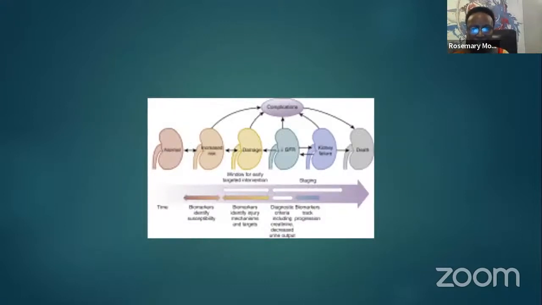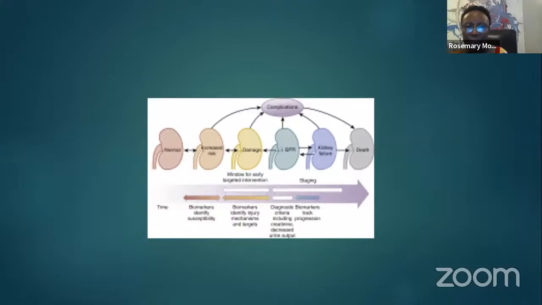Apologies for this slide, it didn't come out as clearly, but that is the continuum framework of your kidney injury. So your kidney starts off as normal, and then after that you get your high risk, and then you get the damage, and then your GFR goes down. And during that period, there are biomarkers that can be used in acute kidney injury. I'm not going to go into that in this presentation.